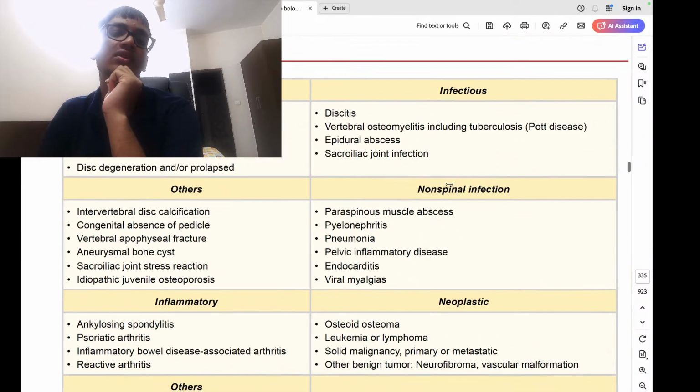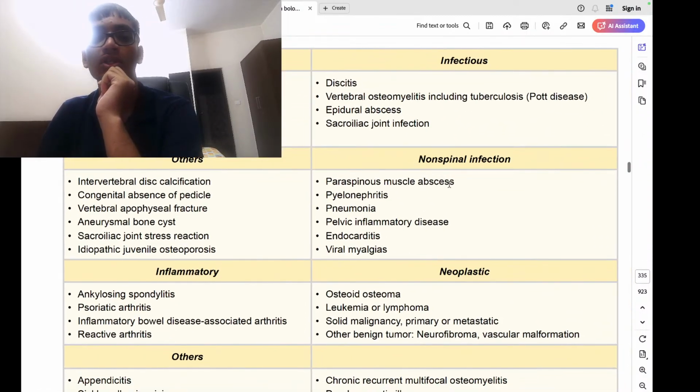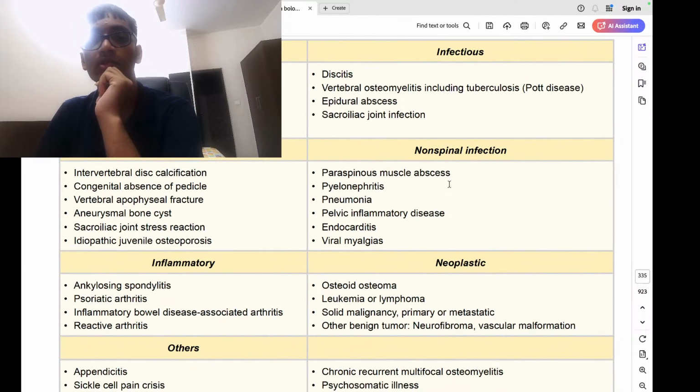So backache, you have non-specific musculoskeletal causes like spondylosis, spondylolisthesis, scoliosis, Scheuermann disease, disc degeneration and or prolapse. Infections, you have discitis, vertebral osteomyelitis including Pott's disease, epidural abscess, sacroiliitis, joint infection.